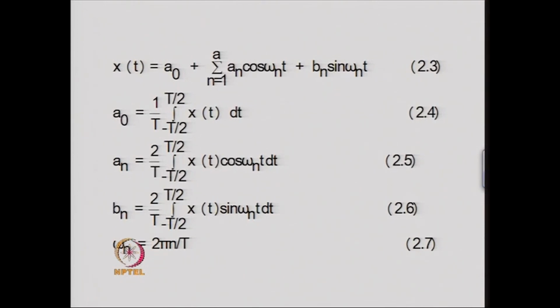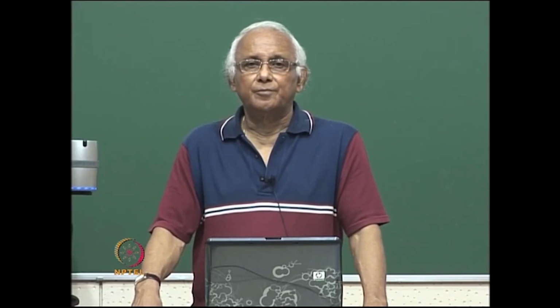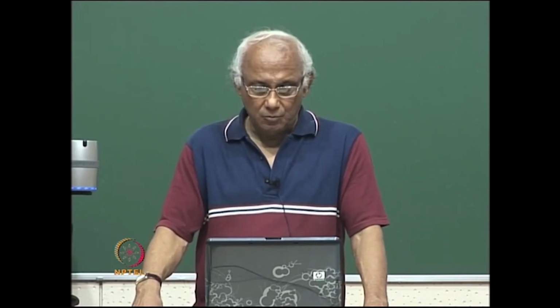Equations 2.5 and 2.6 describe an and bn, the two constants associated with equation 2.3, and omega n denotes 2 pi n by T. Here 2 pi by T is the frequency resulting from the period or duration of the ground motion.